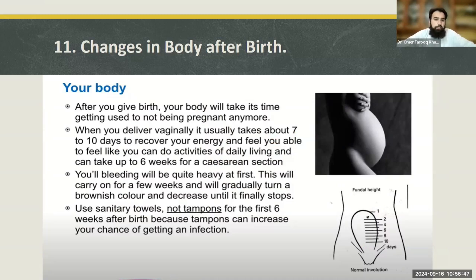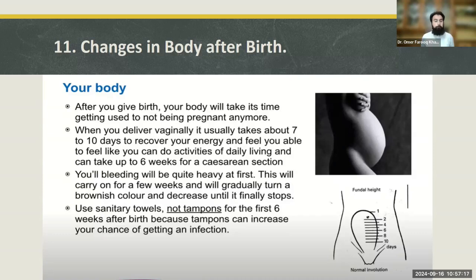When you deliver vaginally, it usually takes about 7 to 10 days to recover your energy and feel like you can do activities of daily living, and it can take up to 6 weeks for a cesarean section. Natural vaginal delivery is a blessing because you can get back to normal within 7 to 10 days. But in the case of C-sections, you need at least 4 to 6 weeks to feel like you can do all of the daily activities normally.